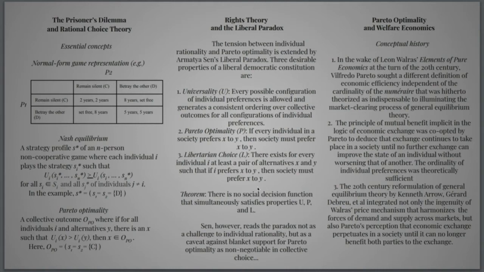And in this example, the best response for both individuals either way is to defect. On the other hand, Pareto optimality is such that if all individuals in a society prefer one outcome over the other, then Pareto optimality calls for selecting that mutually preferred outcome over the other. And in this example here, it is the outcome where both choose to cooperate and remain silent.